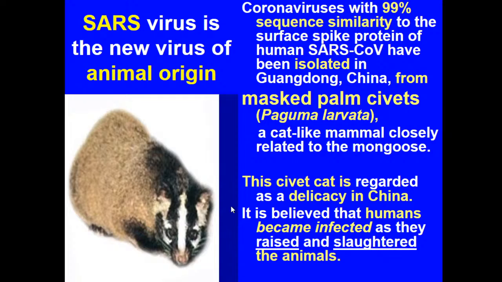Can you see this very nice, very cute animal? Paguma larvata. This is the masked palm civet, a cat-like mammal closely related to the mongoose.